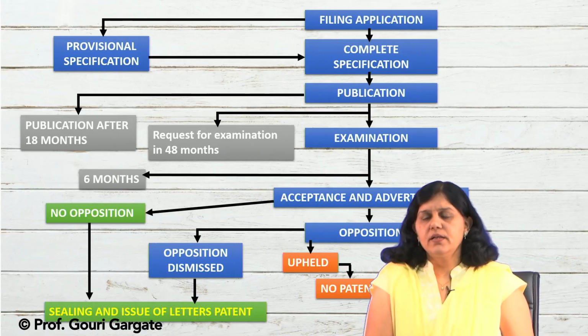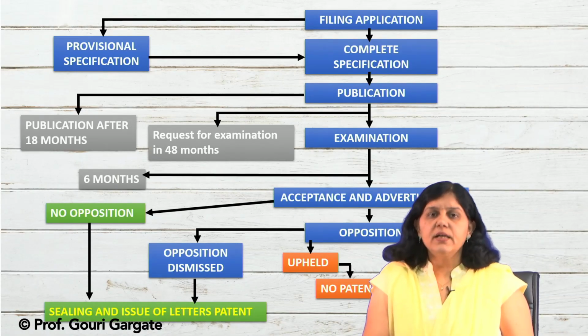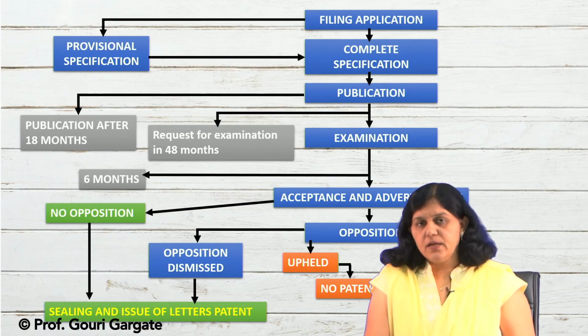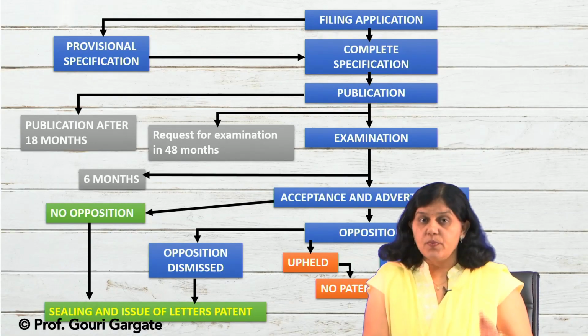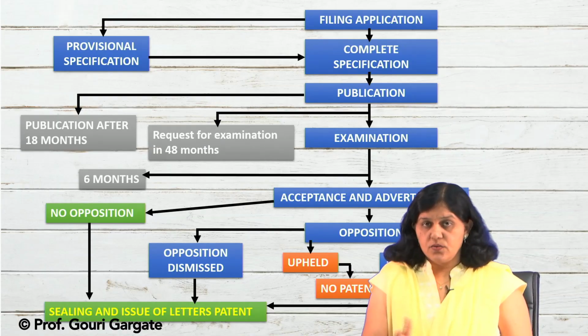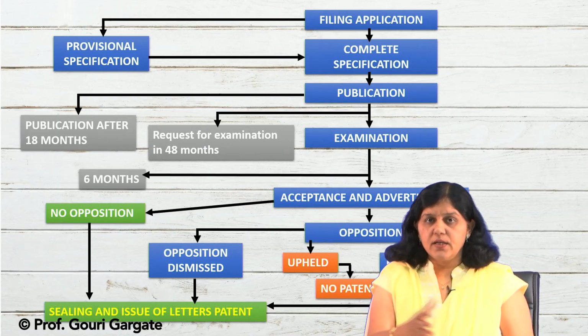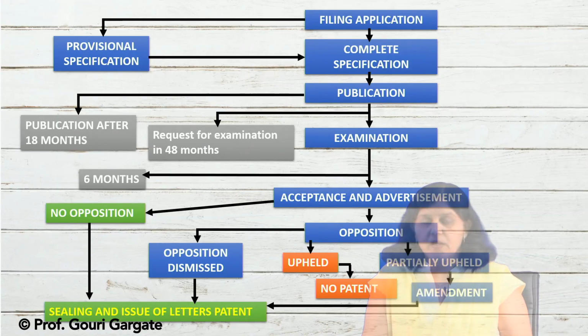So, it is a little bit of a serious stage, and therefore, you have to note that only a person skilled in the art has a right to file that post-grant opposition. Okay. If the opposition is dismissed, then the patent will be granted. If the opposition is upheld, the patent will not be granted. So, depending on the opposition, either it will be granted or it will not be granted.